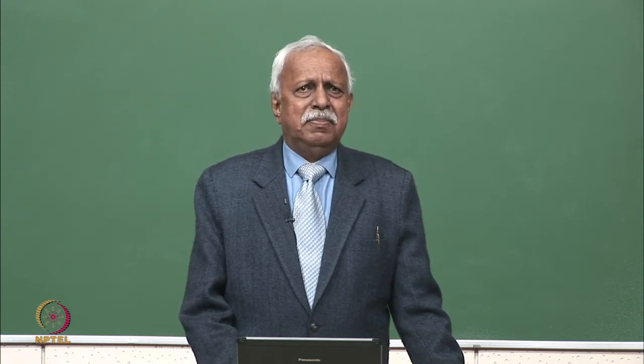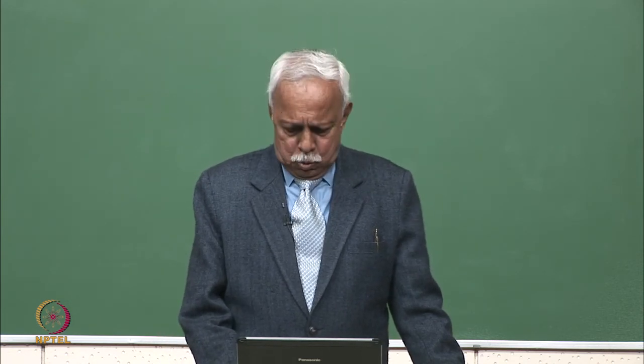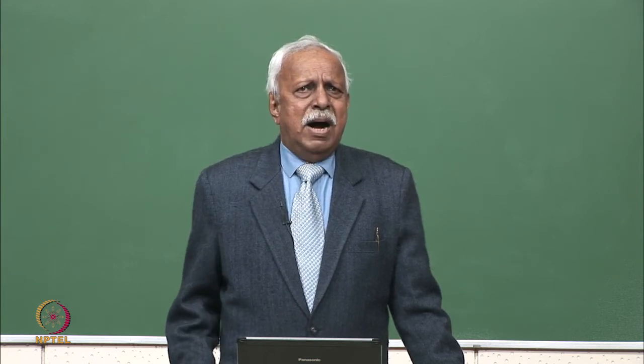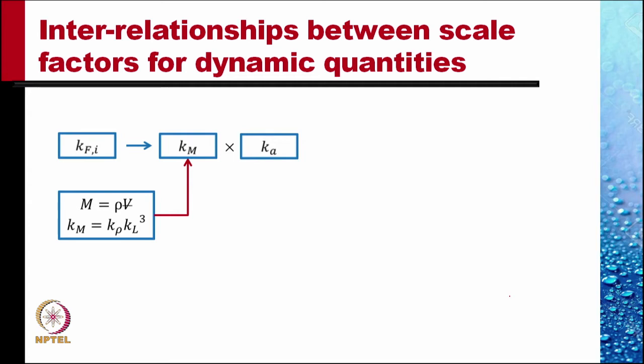But Km is related to the density times the volume. Mass is rho times the volume. So Km is like K rho KL cubed. Similarly, the acceleration is Kv square by Kl. How?